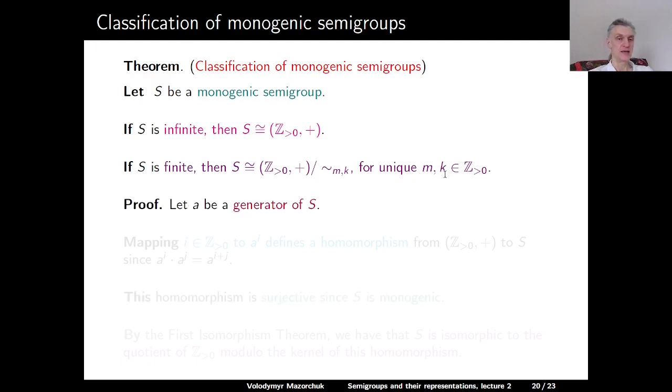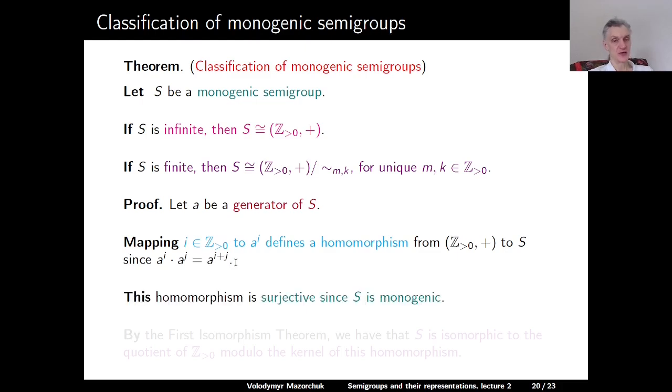Proof: let a be a generator of S. If we map a positive integer i to the i-th power of a, this of course defines a homomorphism from the additive semigroup of all positive integers to S, because a to the power i times a to the power j is equal to a to the power i plus j. So we have this homomorphism.